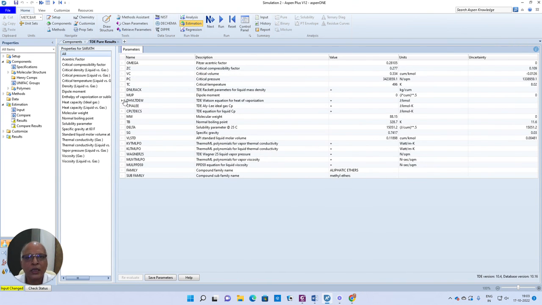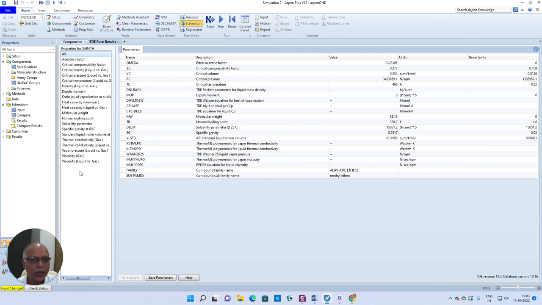Now you can see the properties are estimated for this particular compound by importing the molecular structure, right? You can check it out. So like this, you should be in a position to calculate the pure as well as some of the other results.